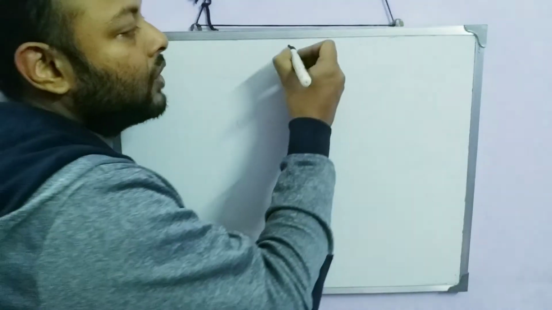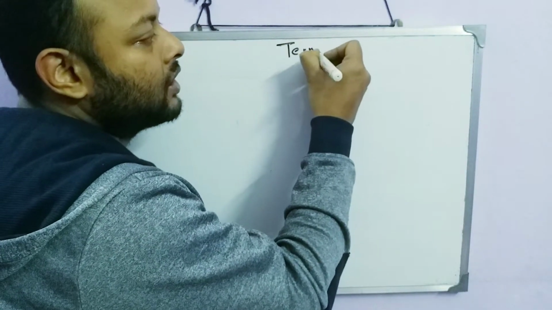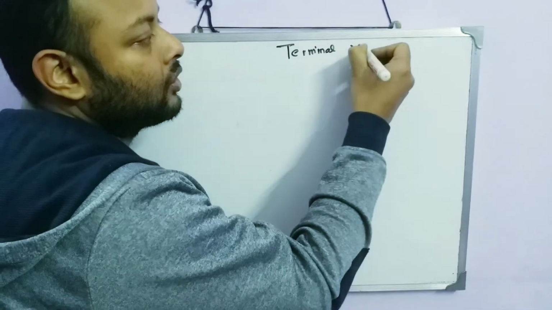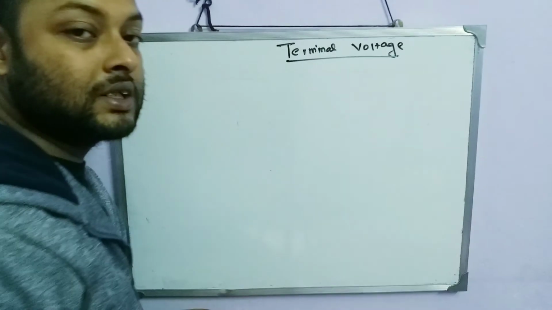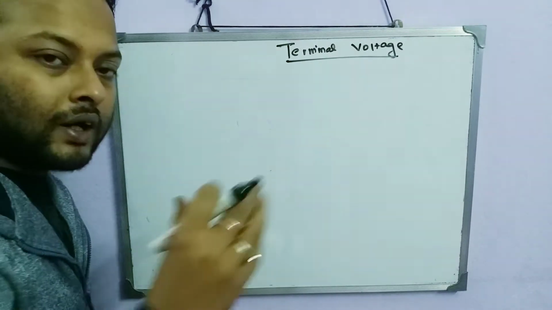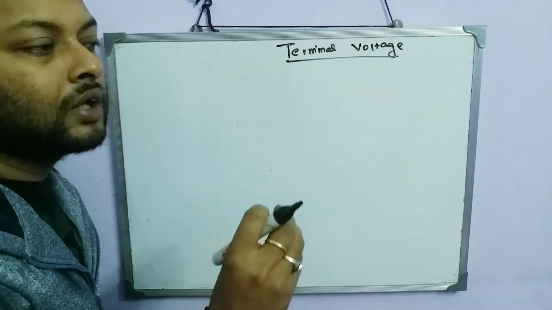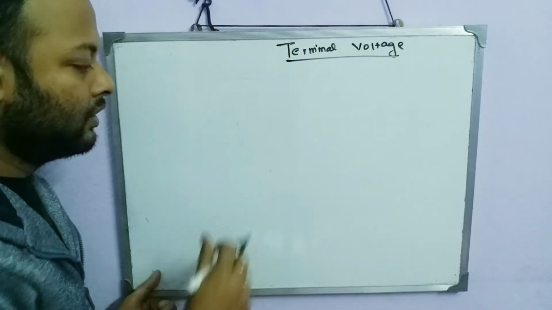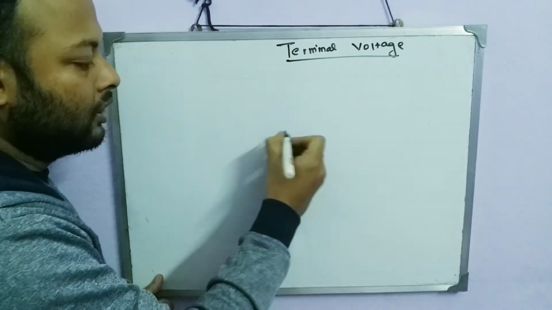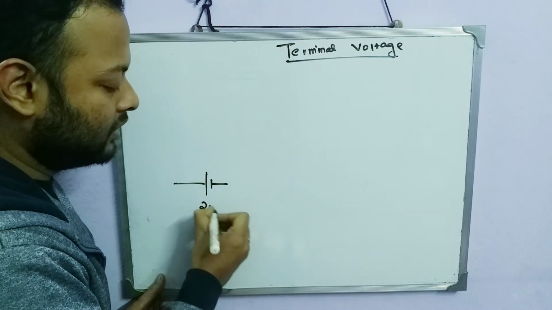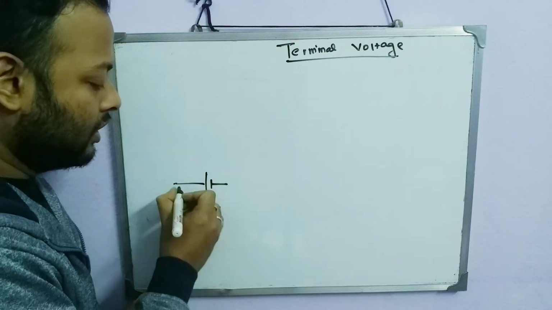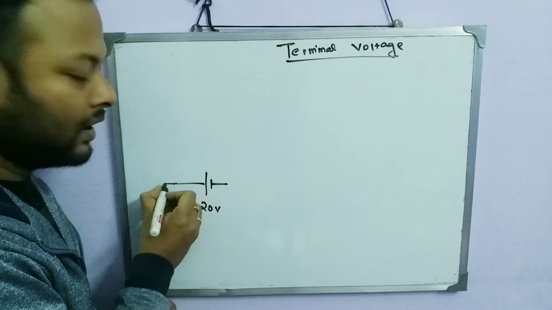Now we will come to understand what is terminal voltage. Today's topic, what is terminal voltage. To understand terminal voltage, we will do a small experiment. Suppose you have a battery. This battery is of 20 volt and this battery will provide a current.